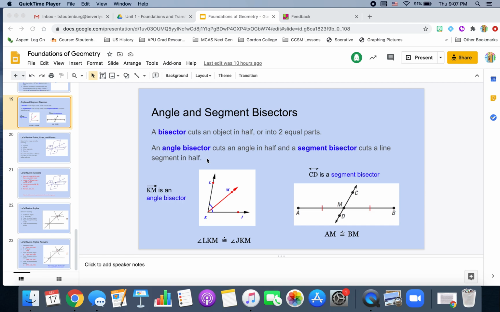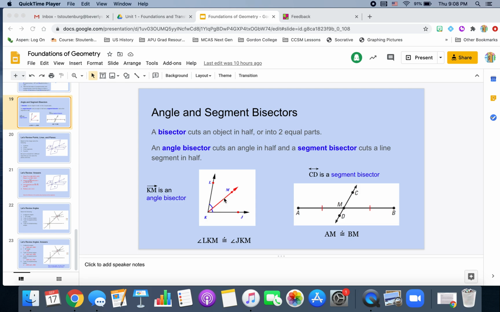Now, an angle bisector obviously bisects an angle, okay? And you can see here that ray KM is a bisector of the larger angle LKJ, because you notice how the two little arcs here let me know that the two smaller angles are congruent, or the same value.